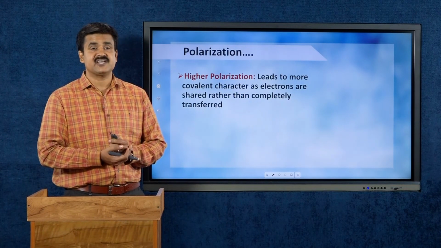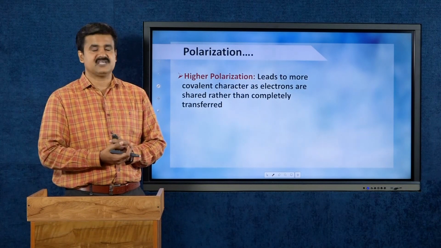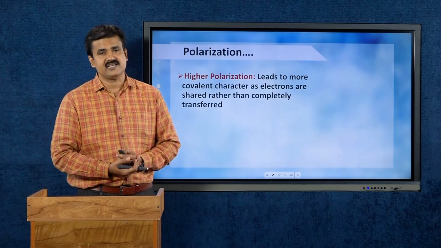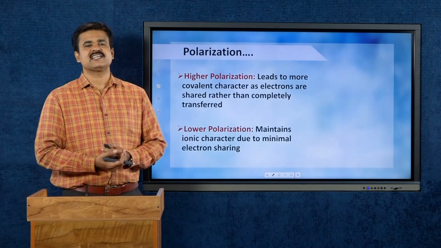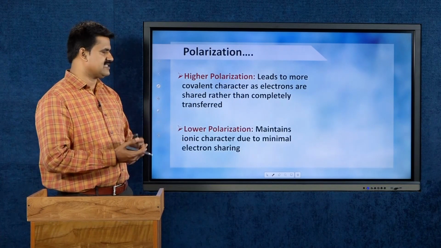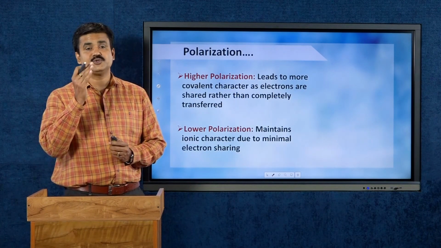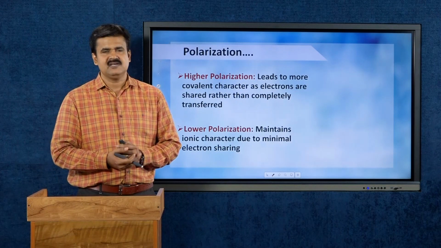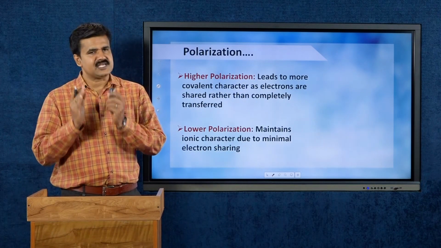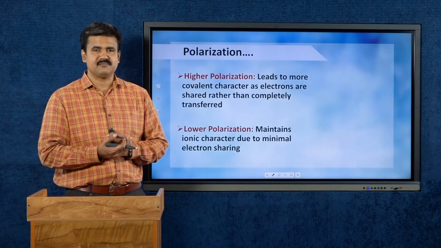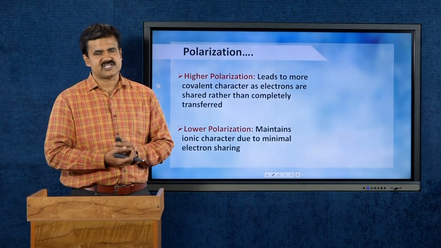Higher polarization leads to sharing of the electrons, that is, higher the polarization, more will be the covalent character. Lower polarization maintains ionic character due to minimal electron sharing. That is, lower polarization implies minimum electron sharing and higher polarization implies maximum electron sharing.